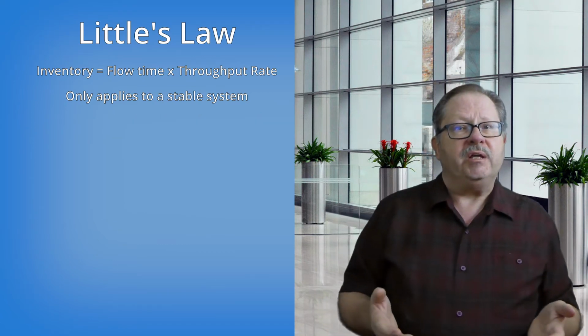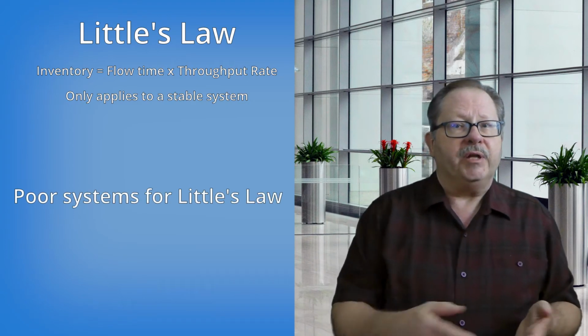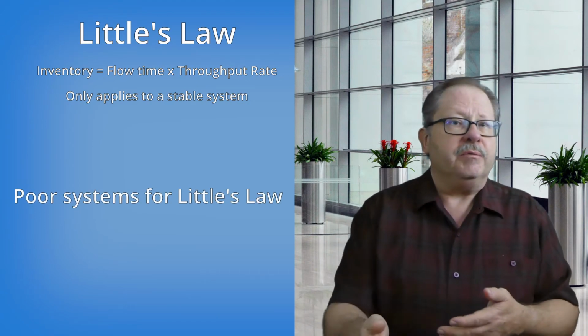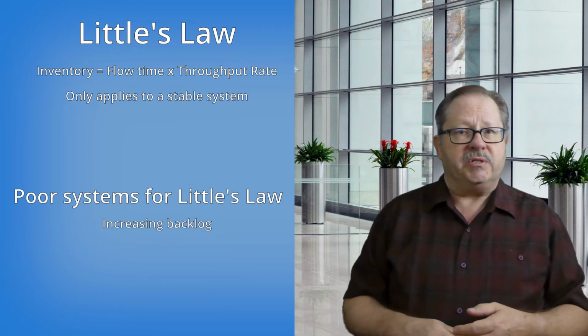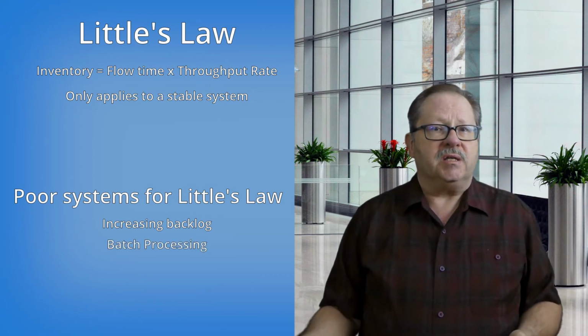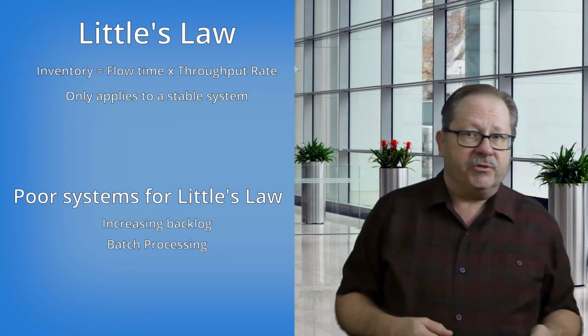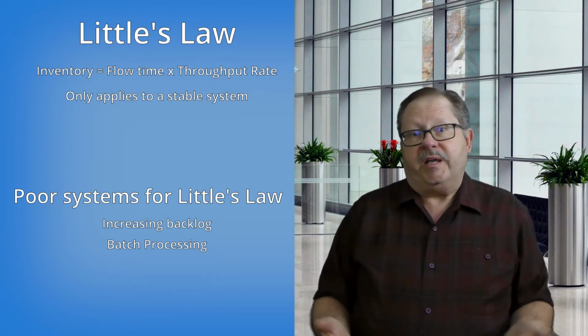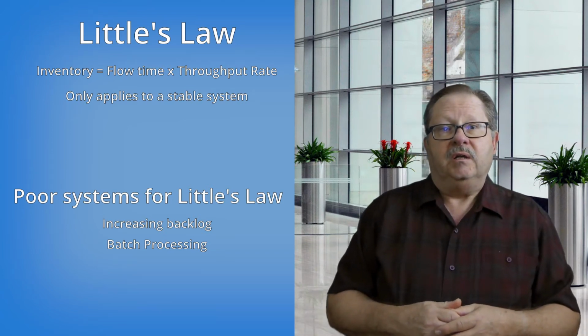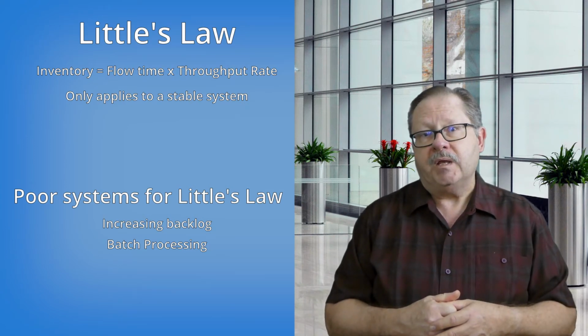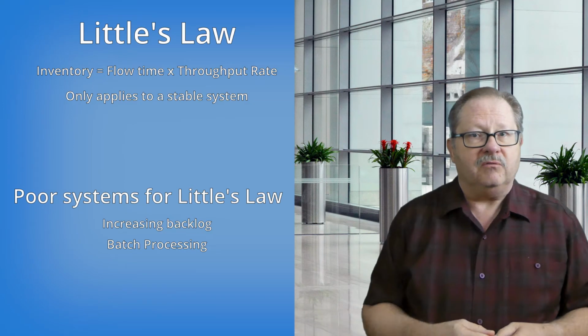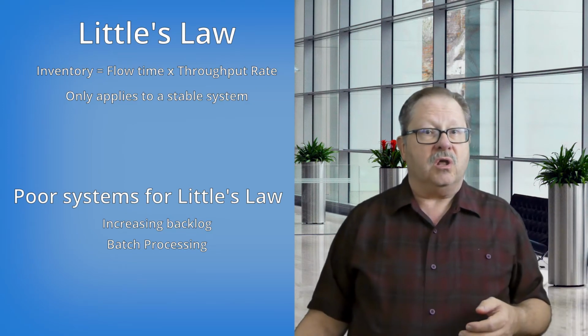If you have a machine that can only create one item per day but is fed 2 items per day, the inventory will continue to grow forever. Well, that's not a stable system. Likewise, batch processing or irregular delivery patterns make an average inventory count not a realistic value, and it fails to describe the real world. Let's find another example of when to and not to use Little's Law.